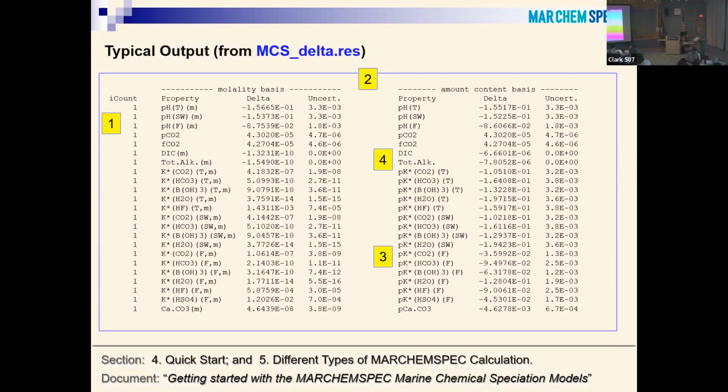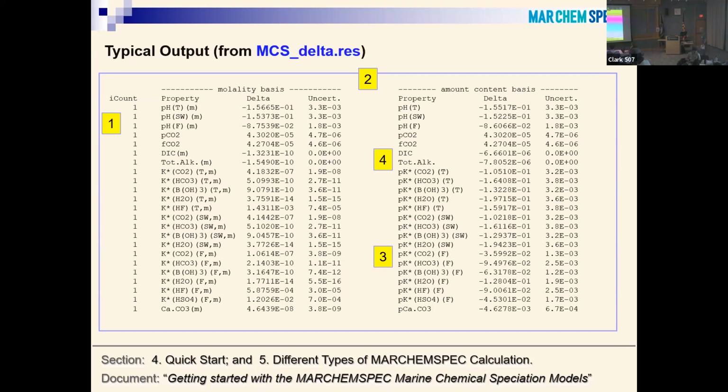Then on this side we have all the changes on a molality basis, and on this side, on an amount content basis. And you see all of these equilibrium constants on the amount content side, there are pKs here.